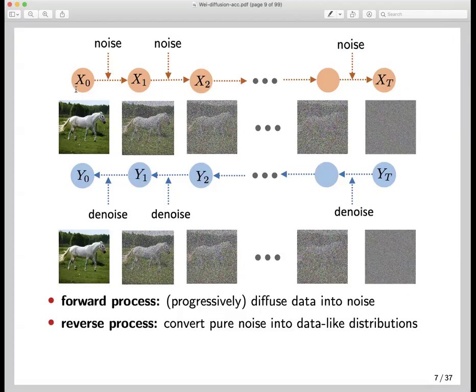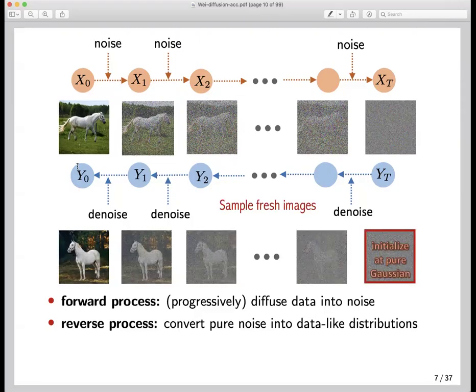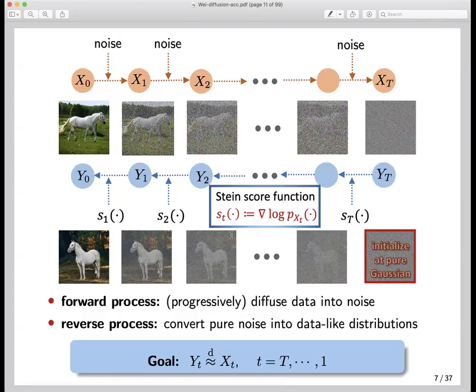Of course, transforming the data into pure noise is very easy. You just add more and more noise to your data, and eventually the signal will be gone. But converting from pure noise into some target distribution is highly non-trivial. It turns out that this task can be achieved once you have access to a faithful estimate of the Stein score function. The Stein score function denotes the gradient of the log marginal density.